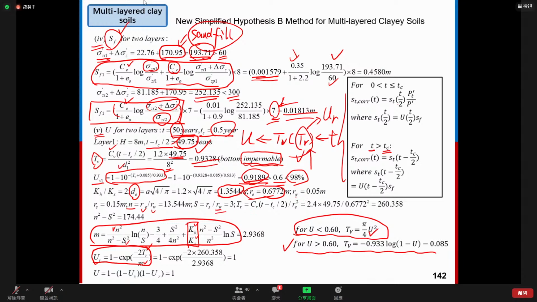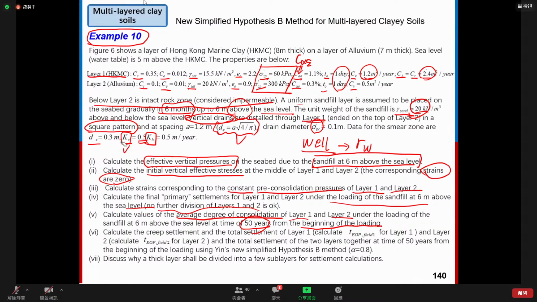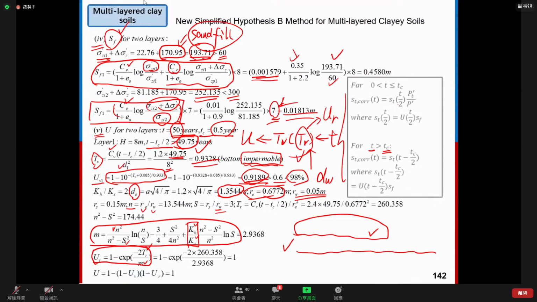And the RW is already given here from the DW. So you see here, DW here, DE here, right? We get the RE and RW. So the S is equal to the radius of the smear zone over the radius of well, okay? The S is equal to 3.